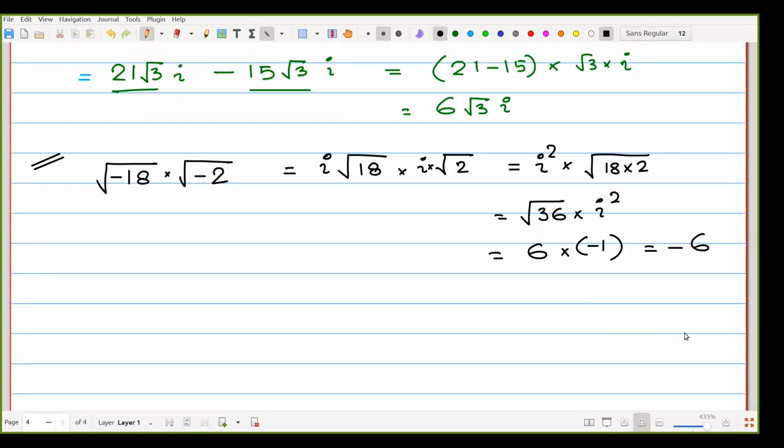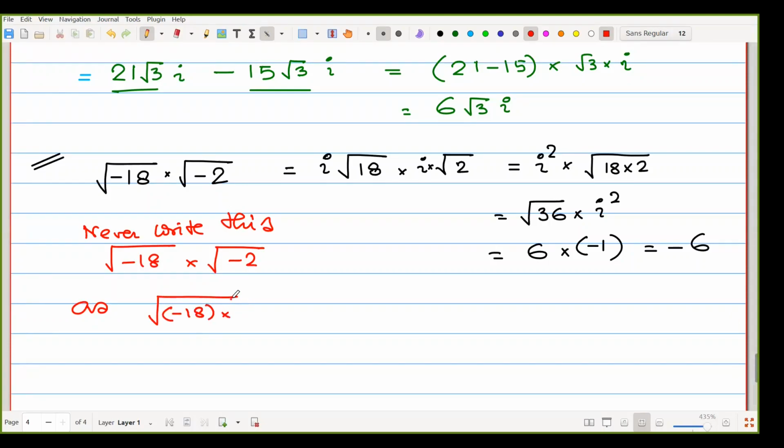Okay, just one thing we want to say to you: never write square root of minus 18 into square root of minus 2 as square root of minus 18 into minus 2. That means we cannot write in that way. You might say, okay, that is also the same.